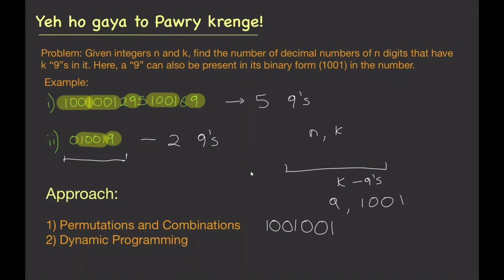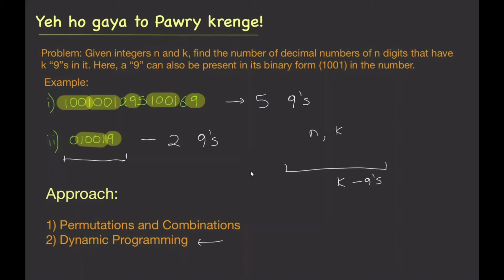For example, there are two lines over here. So counting the total number of such numbers while keeping in mind these kinds of occurrences would become too much of a hassle. There would be too many cases, and hence it will become a really hard problem to calculate. If one wants to try it this way, they can try it, but it's actually too difficult. So now we will see a very elegant approach using dynamic programming.